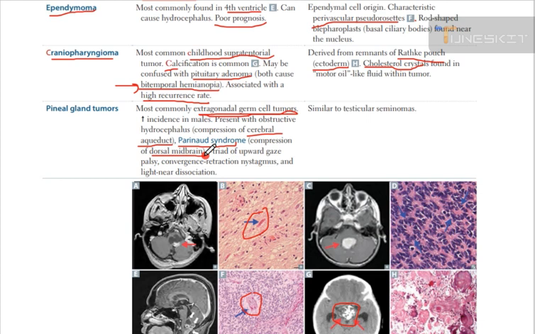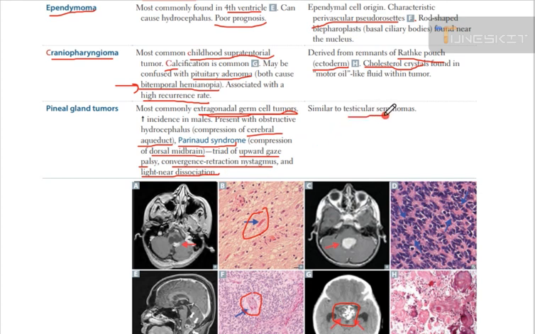It has a triad: upward gaze palsy, convergence retraction nystagmus, and light-near dissociation. These three are the main features of Parinaud syndrome.